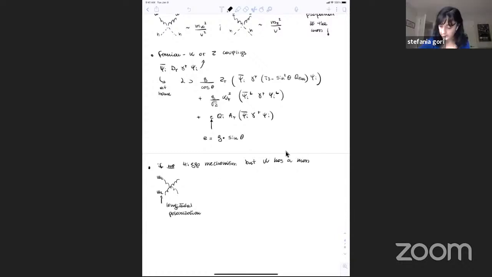So we can compute the cross-section for two longitudinally polarized W bosons to go to two of them. And so we can compute this process in the standard model without the Higgs.